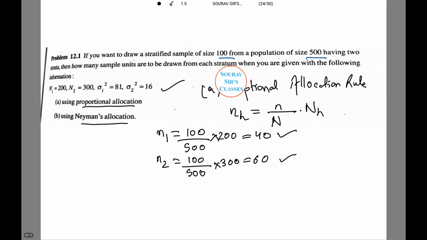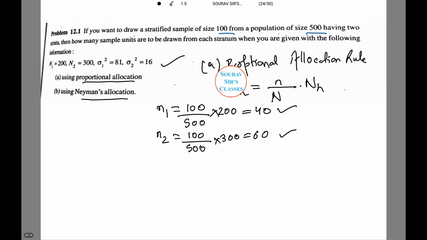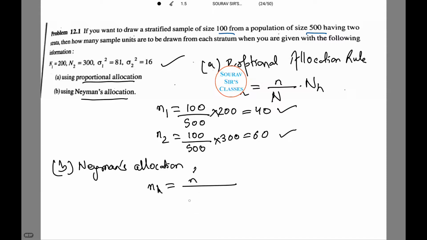Let me clear the screen for using Neyman's allocation. B. Neyman's allocation. We have small n_h equals small n by summation h equals 1 till L capital N_h sigma_h, into capital N_h sigma_h.